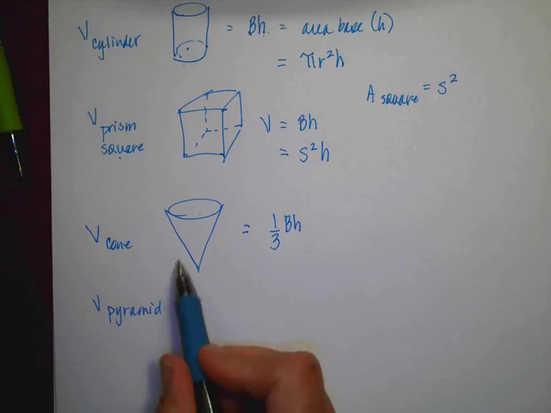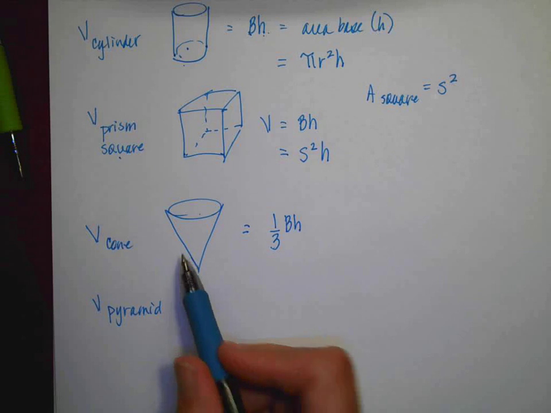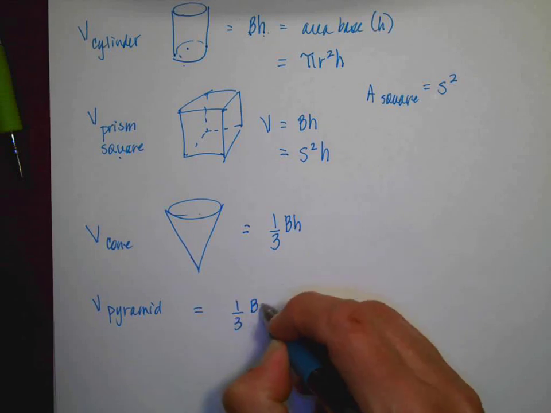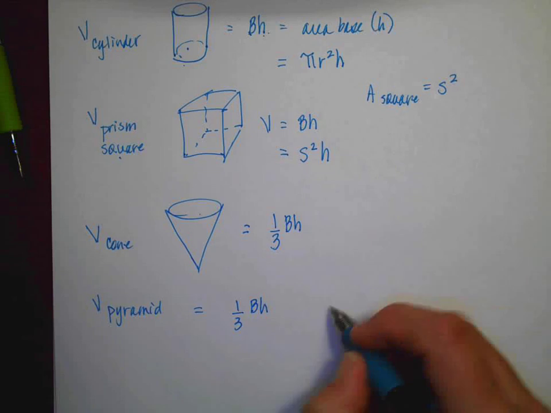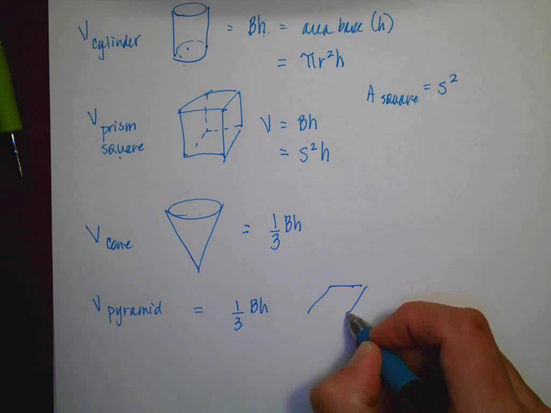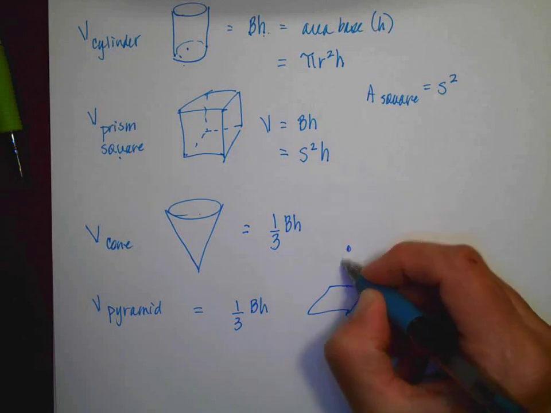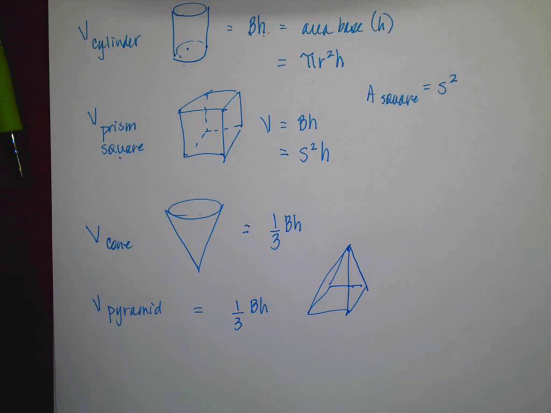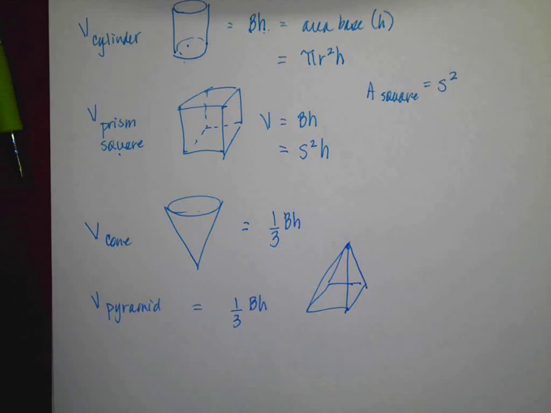Same thing for a pyramid, because basically it's just a glorified cone. The area of the base is different. It's still going to be 1/3 the area of the base times the height. And so if I had, can I draw that? Maybe I can. So let's say I have a base, and then here's my little top. Then here is my really ugly pyramid, but the volume is still going to just be 1/3 the base times the height.